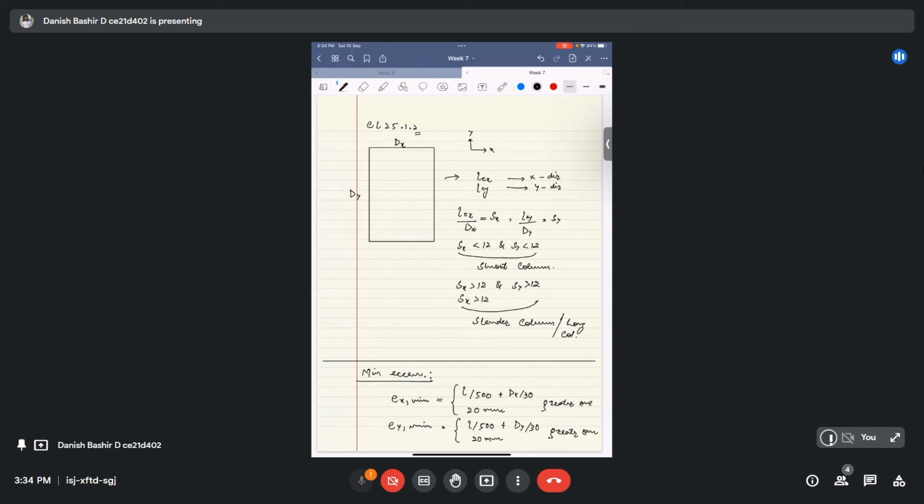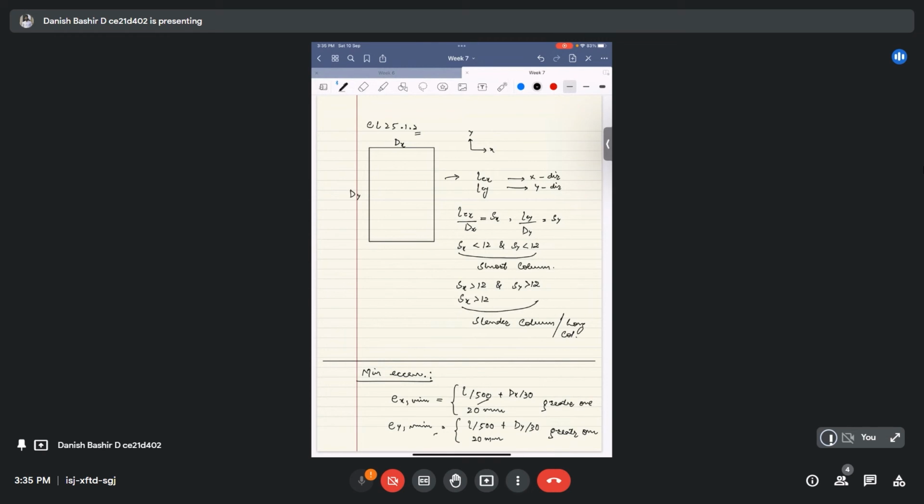When you have the actual load acting on your section, you are giving the unsupported length as a constraint, for example, that your floor length should be 2 meter or 3 meter. After that, you will check the code formulas for minimum eccentricity in the x and y directions. L for the x direction is this, and for the y direction it's this.